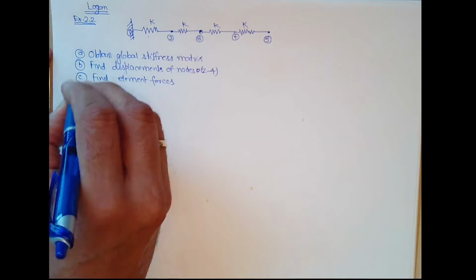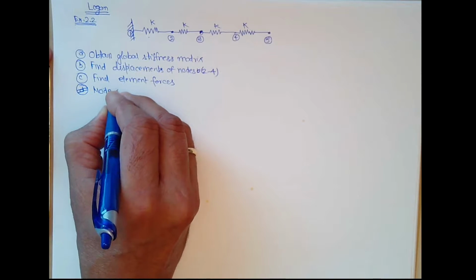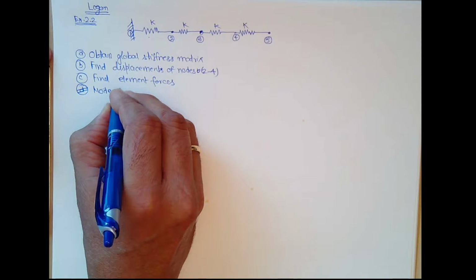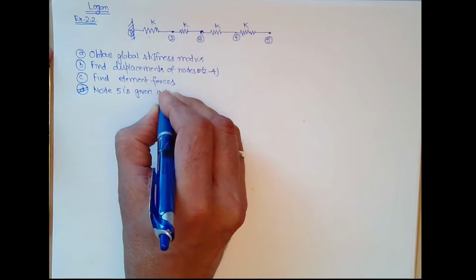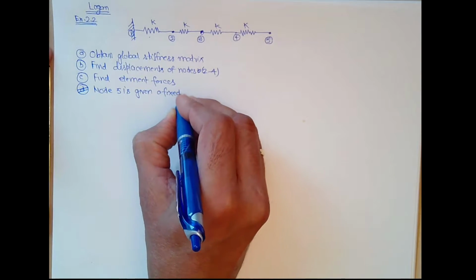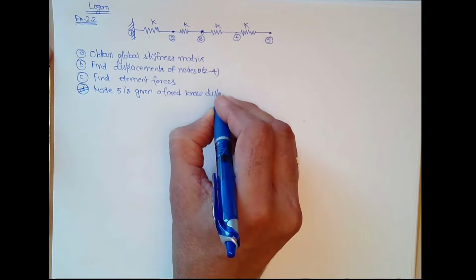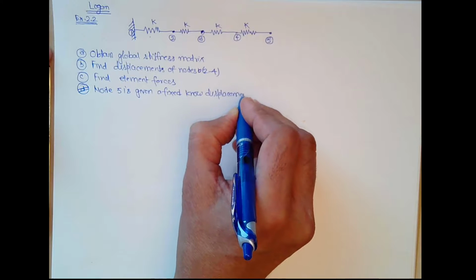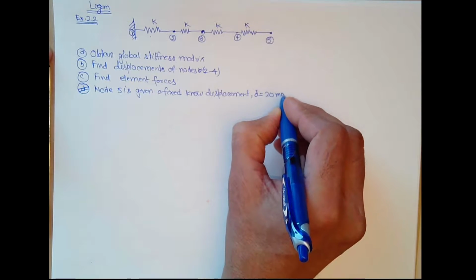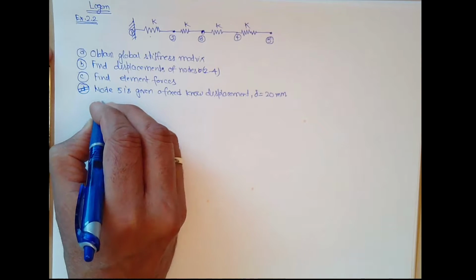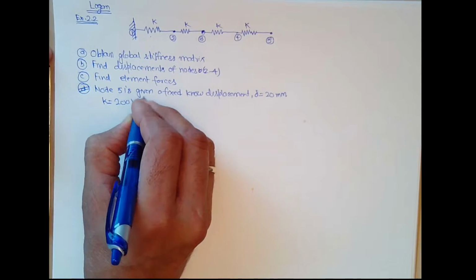This is known to us. Node 5 is given a fixed known displacement. Known displacement is delta equal to 20 mm. K value is given as 200 kilonewton per meter.